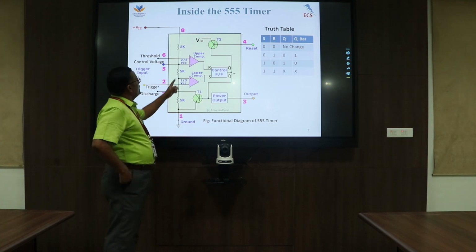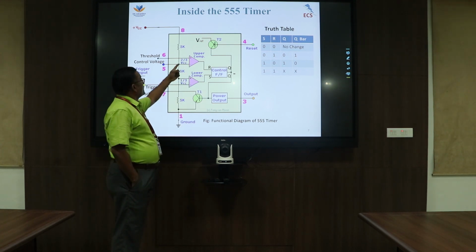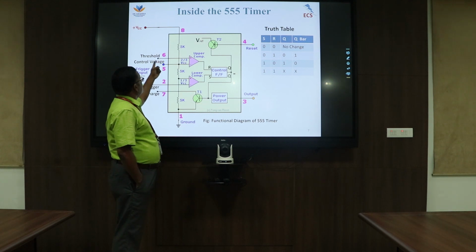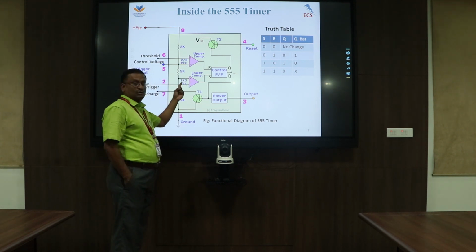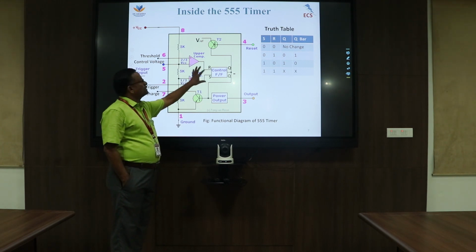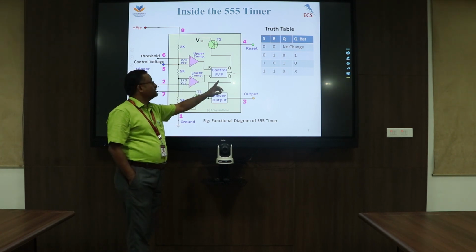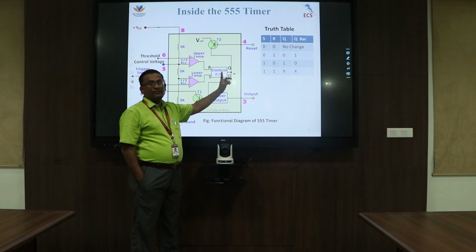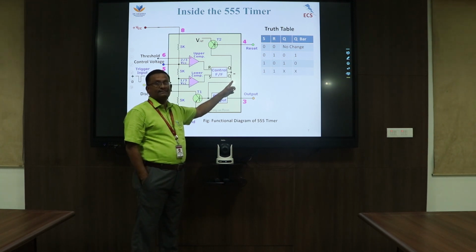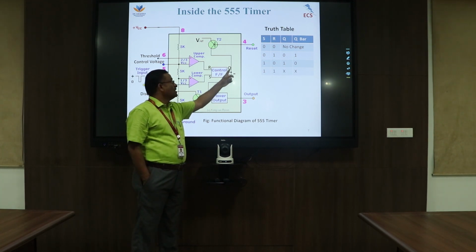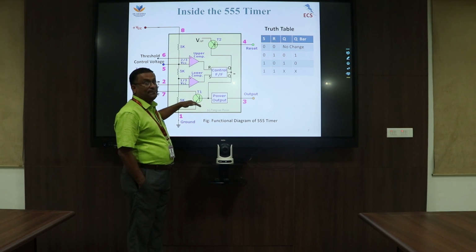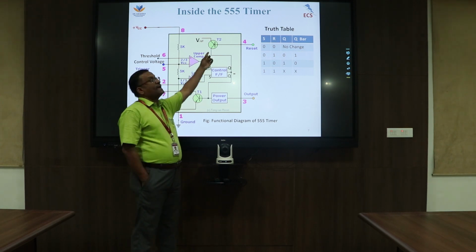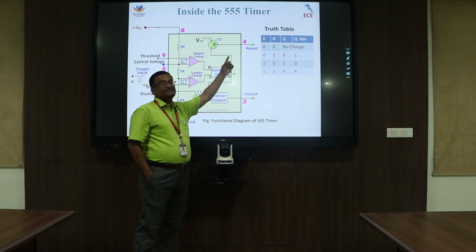So here we have an upper comparator. The upper comparator has been connected with the threshold at 2 VCC divided by 3. For the lower comparator, the voltage level is VCC divided by 3. The control flip-flop has two outputs, Q and Q bar. Here we have a NOT gate, but we never put it here. So Q and Q bar, and this is called transistor T1, which is the NPN configuration, and this is called a PNP transistor, which is reset.